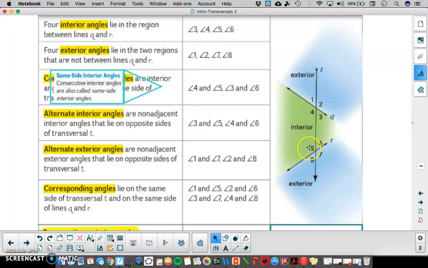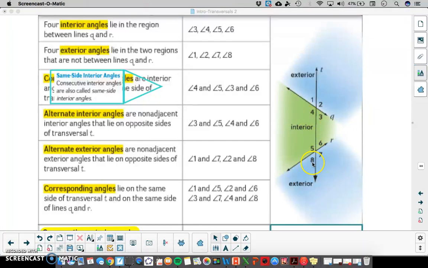So 1 and 5 are corresponding. 2 is in the upper right position. 6 is in the upper right position. So angle 2 and angle 6 are a pair of corresponding angles. 3 and 7 are a pair of corresponding angles, and 4 and 8.